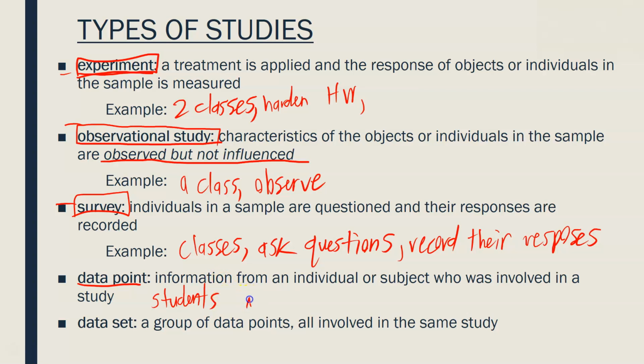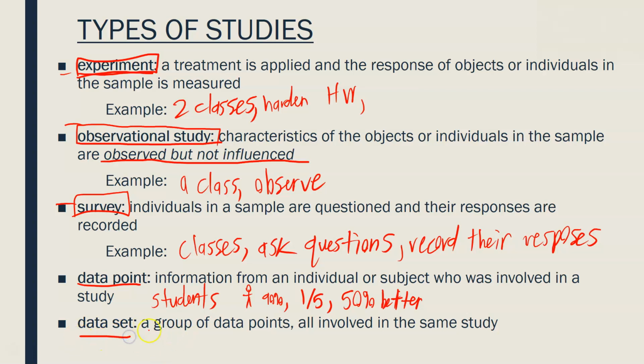So for this person right here, maybe I collect data that they got a 90% on their last test, and in their survey they told me that they don't like doing math, so they ranked themselves 1 out of 5 on how well they understand math. And maybe in the experiment I see that they did 50% better with the harder homework assignment than with the other homework assignment. Whatever information I gather from an individual student or person or object is a data point.